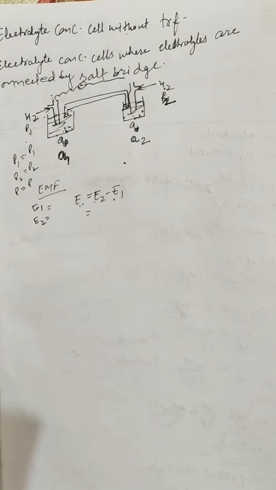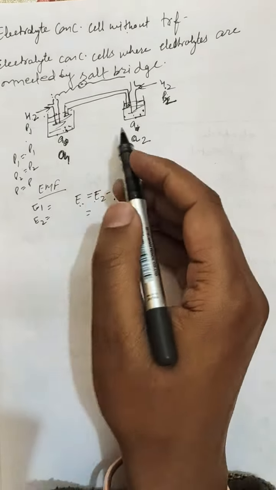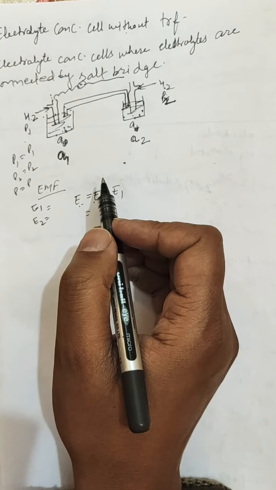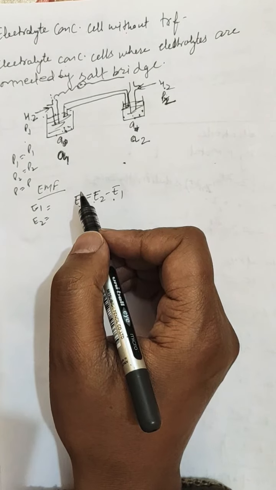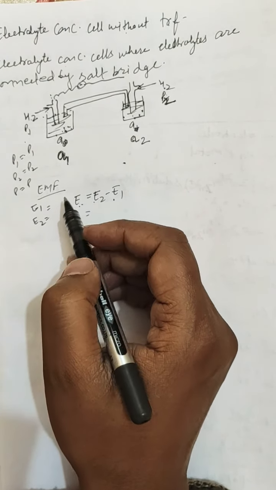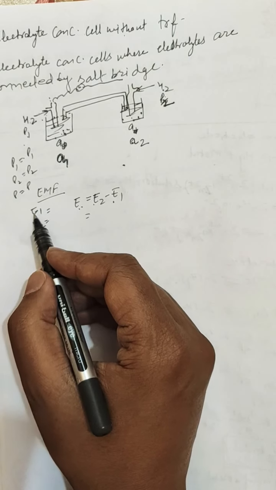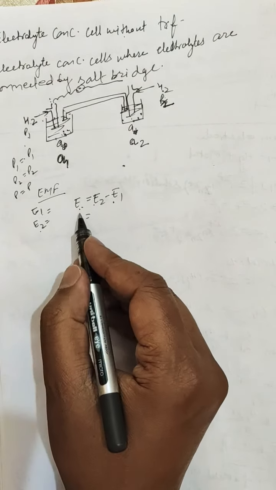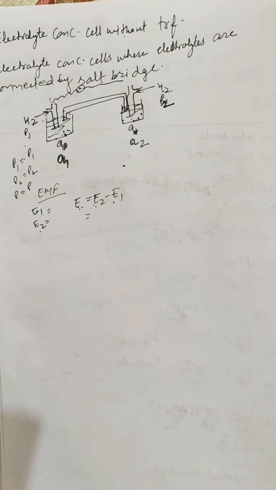There is another type of concentration cell, like the electrolyte concentration cell without transference, obtained by the combination of two cells. So these are all one and the same thing. There are just minor differences. For all the cells, you have to write the reduction and oxidation reactions, and after writing them, you have to obtain the expression of the Nernst equation for the half cells, that is for E1 and E2, and after that you have to calculate the EMF by just taking the difference of E2 and E1, that is E2 minus E1.